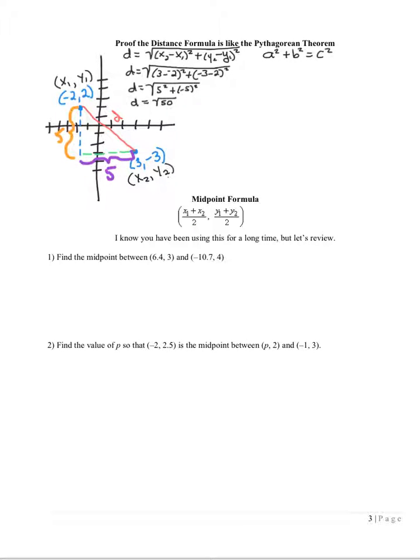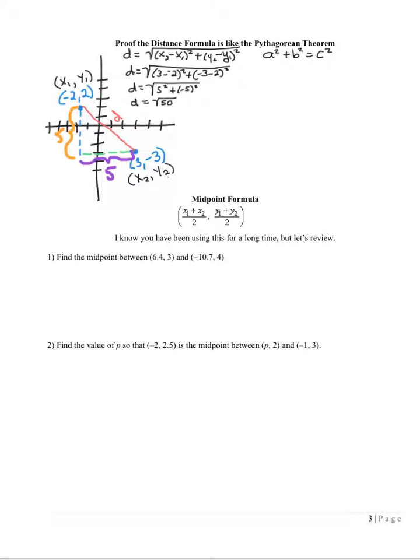Now I'm going to use the Pythagorean theorem to solve the same problem. Notice that the distance between -2 for the x value and 3 is 5 units. From -2 to 3, we have 5 units. For the y values, from +2 to -3, we also have 5 units. So both of these side lengths are 5 units.